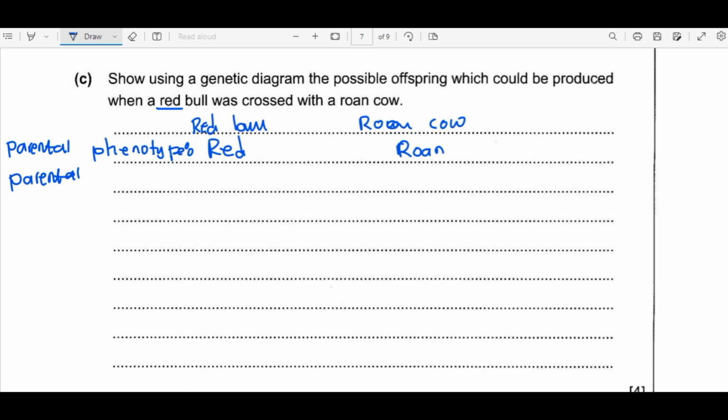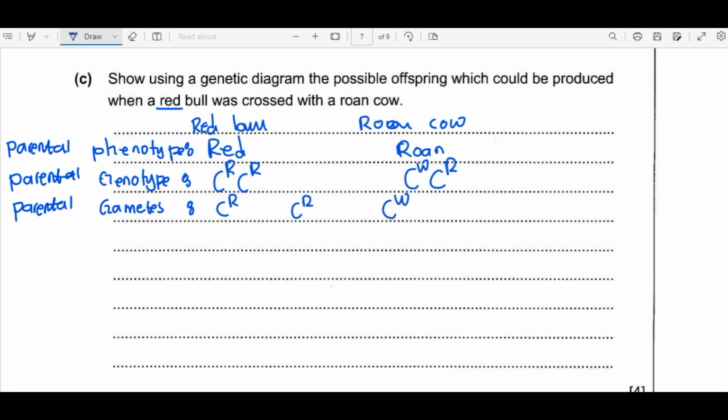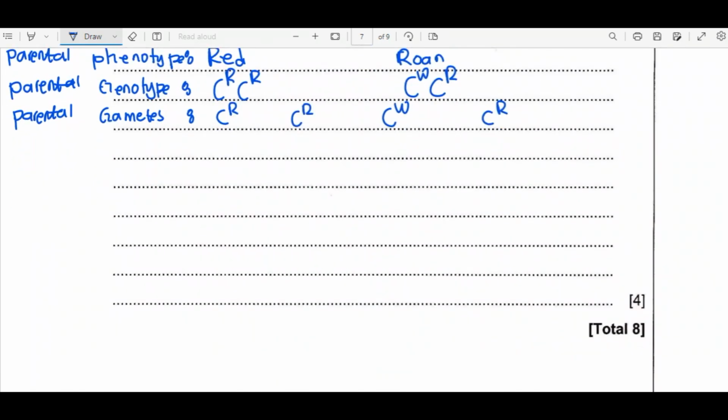Then the parental genotype. For red, it is CR, another CR. Roan, we have CW, CR. Then we'll say parental gametes. We just have to split these. Then from there we are going to have random fertilization.